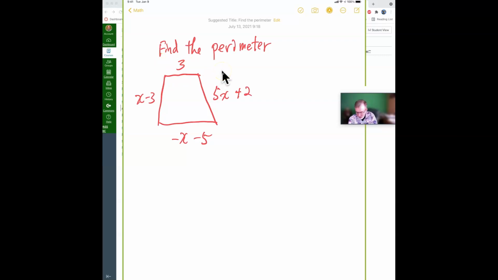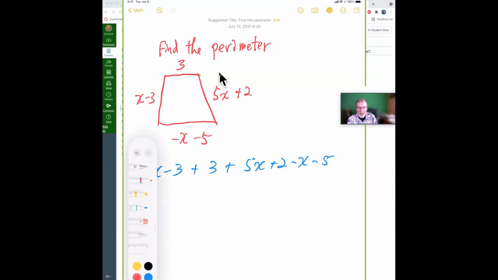So what we're going to do is, you could write this out longhand. We're going to do x minus 3 plus 3 plus 5x plus 2, and then we're adding, but it's a negative, so we'll just write minus x minus 5. And then we can only combine things that are similar somehow. Addition and subtraction, that's always the case.